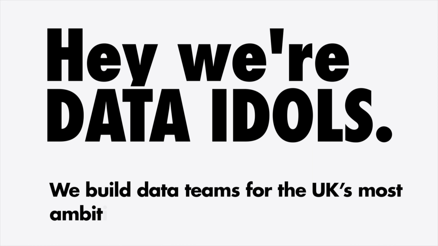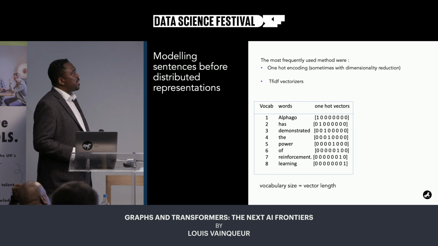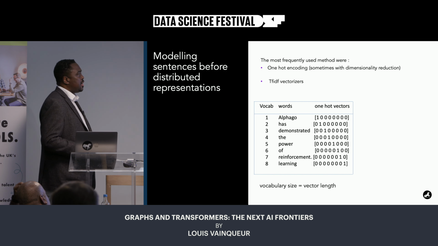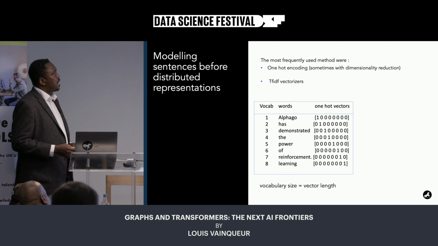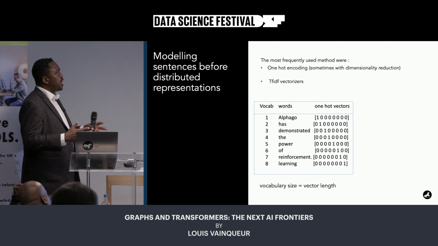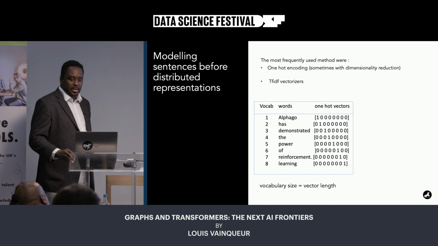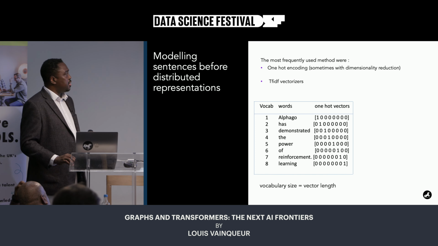The problem with this is, as you see below, the vocabulary size of your model had to be as big as the number of words you were going to use. Obviously, those vectors were sparse, and we sometimes wanted to make them dense to be able to do better analysis. But the real problem was the dimensionality of the vocabulary you were using.